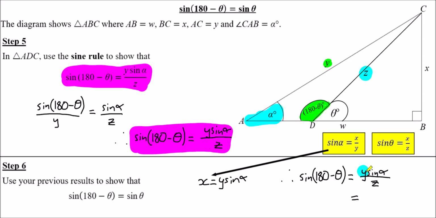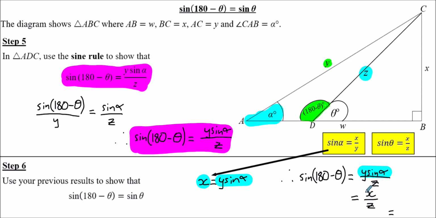So y sine alpha is the same as x. So I'm just going to substitute in here, but that's x over z, and then finally, what is x over z?